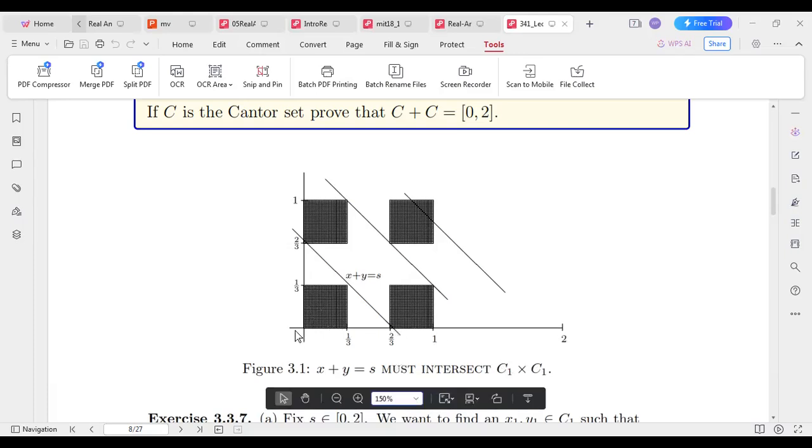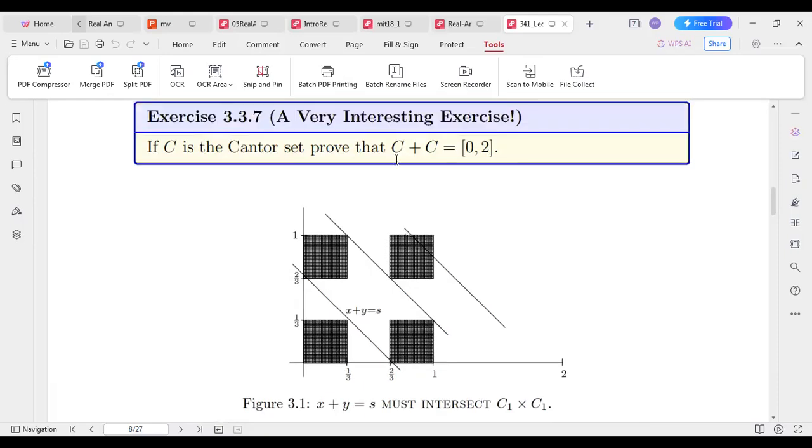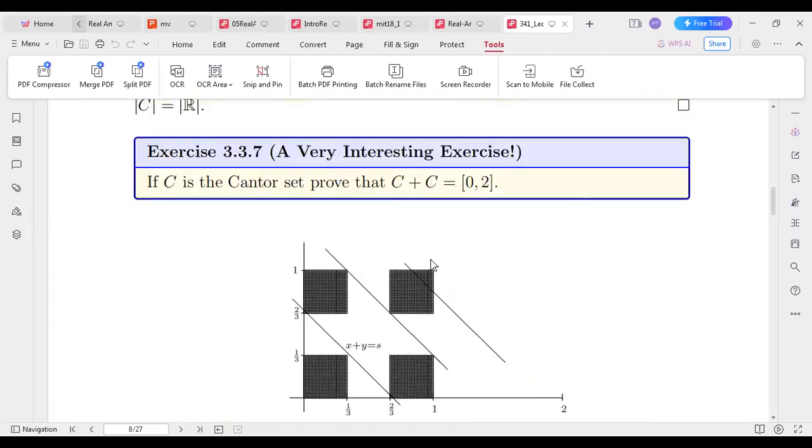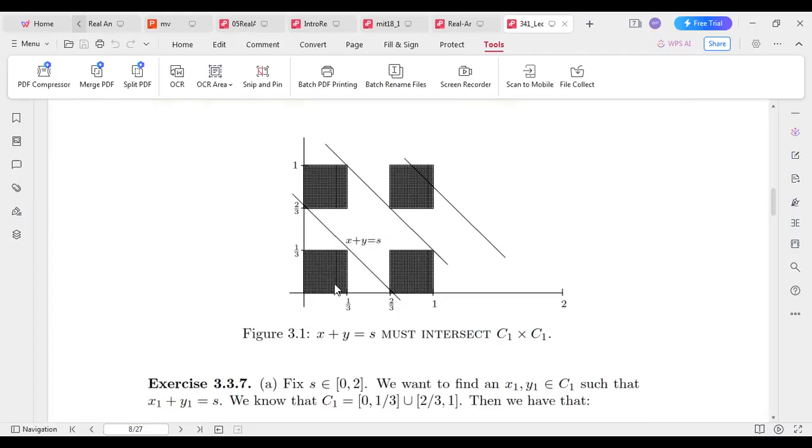If we take x plus y, this is a square with length 1 by 3, and this is also length 1 by 3, and this also has length 1 by 3. So we can easily prove that C plus C lies in the closed interval. We can visualize this with the graph, where each square has side 1 by 3.